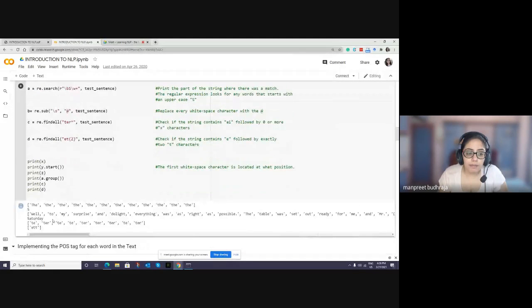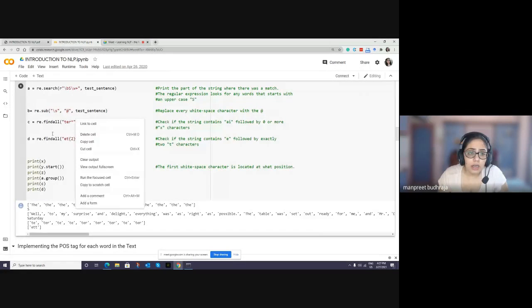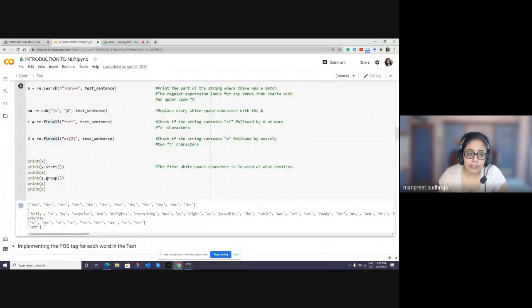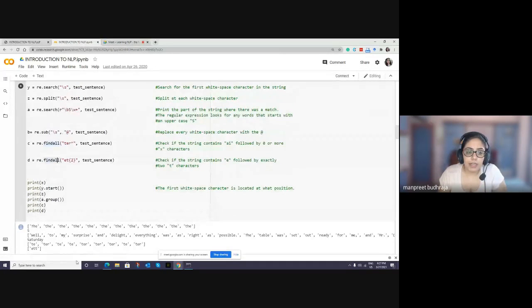So you have the matching from the first one. The first white space is at the fifth position. The next is to split by white spaces. So if you see, it's at 5 because W is 1 2 3 4, space comma comma space. So after 5 it's the first blank space, and here you divide it by a white space.